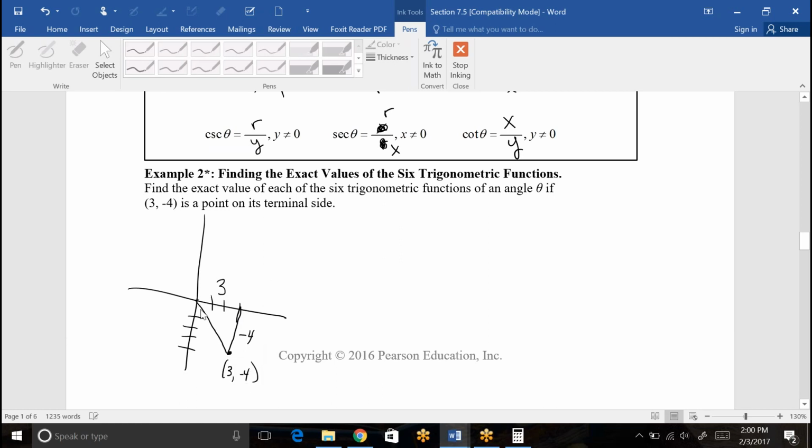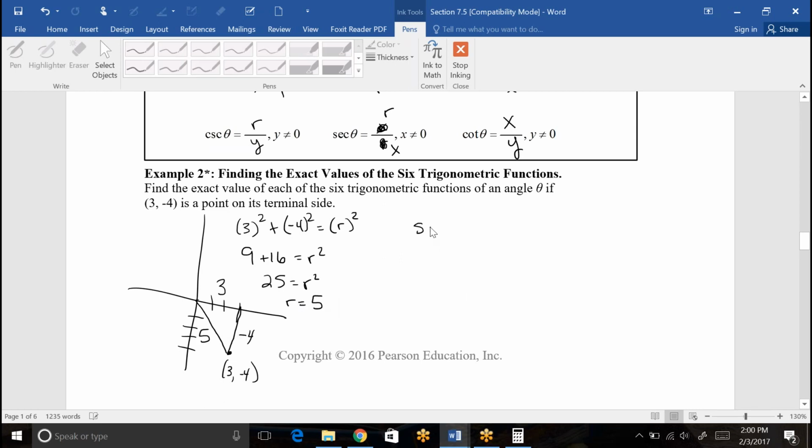We would need the hypotenuse. This is probably not going to be a unit circle because usually the hypotenuse is larger than the other two sides. So 3 squared plus negative 4 squared equals what we call r squared. So this is 9 plus 16 equals r squared, which is 25 equals r squared. And if we take the square root, r equals 5.